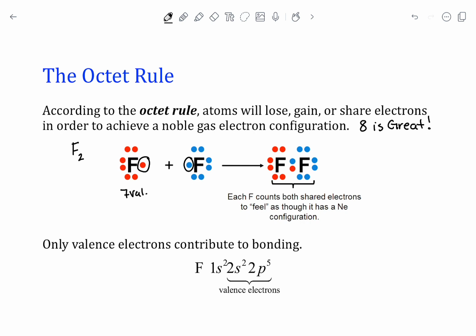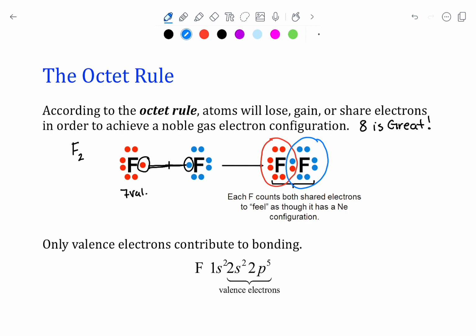Because both fluorines have 7 valence electrons and they're 1 electron away from having a full octet, or 8 electrons around them, these two atoms are going to share those electrons so that they can each claim 8 electrons. So the fluorine here in red gets to claim these 8 electrons, and the fluorine with the blue electrons gets to claim those 8.